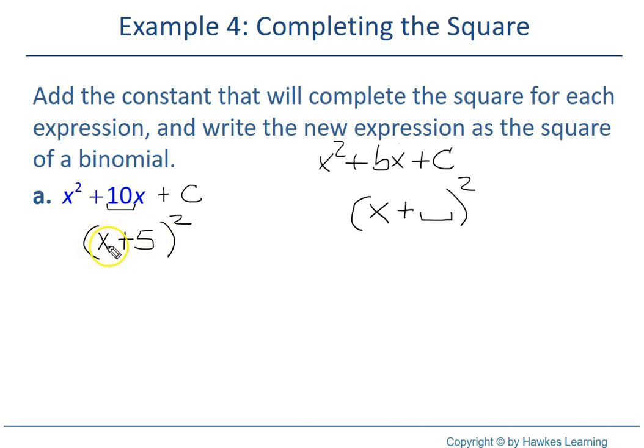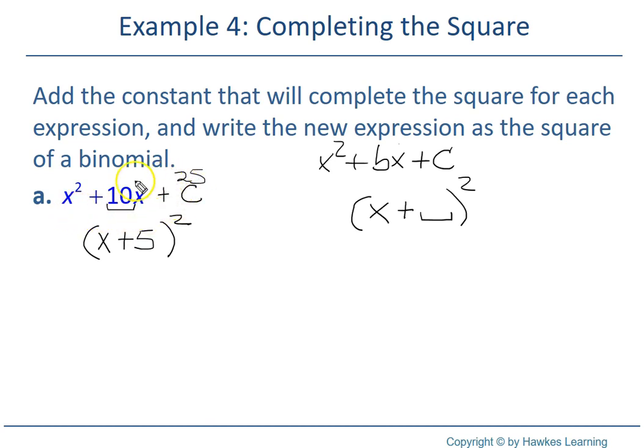So now we have our binomial, but what we don't have is our new c term, the term that's missing. And how did we get that c term? We got that c term by squaring the 5. So this is going to end up being a 25.